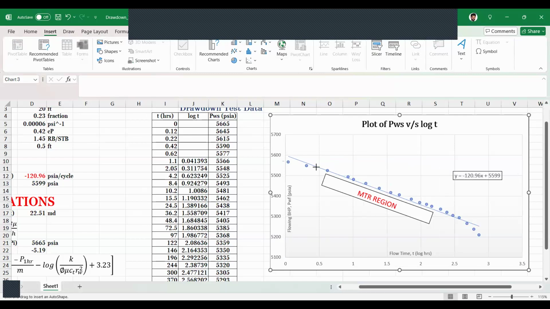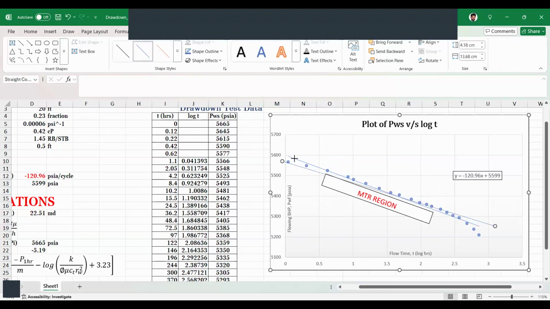We need to know up to where MTR is being observed. This is the region where MTR is actually being observed. If I approximate the existing trend line with the new trend line, I'll change it to black color. Yeah, this is the line which is MTR, so it is close to the existing trend line that is set for this data.